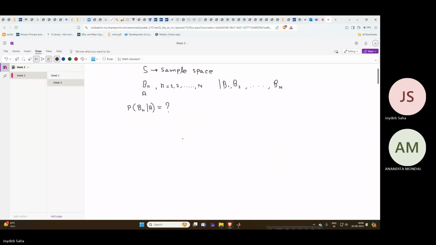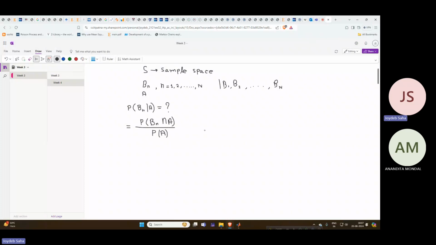So let us take this question. We already know what is conditional probability, so from there we can say this is nothing but the probability of Bn intersection A upon probability of A. This is clear.